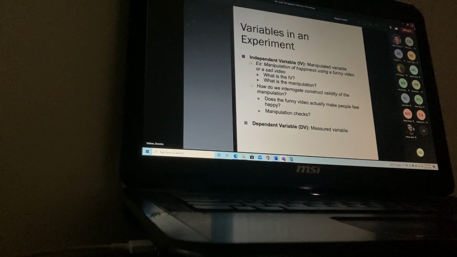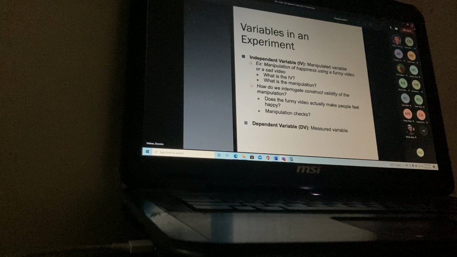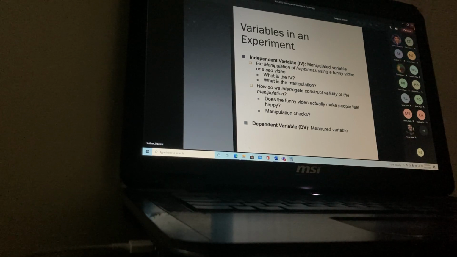If we had a simple or even multivariate correlational design, and self-esteem was our independent variable, our predictor, and we had some questionnaire to measure self-esteem, we're still concerned with construct validity, but the question is, does the self-esteem questionnaire actually measure self-esteem?